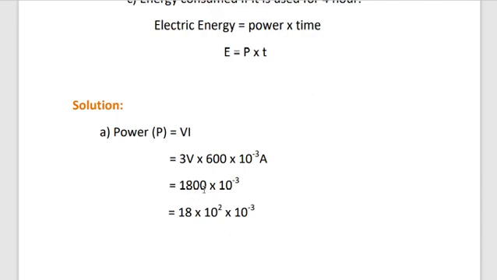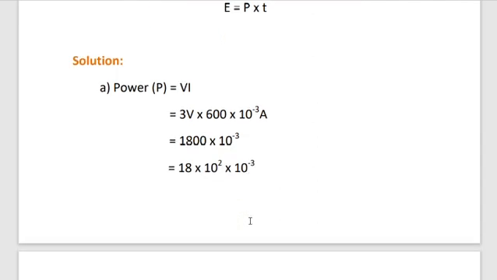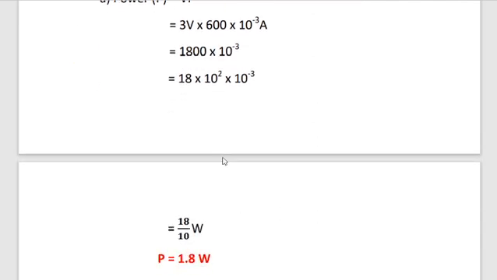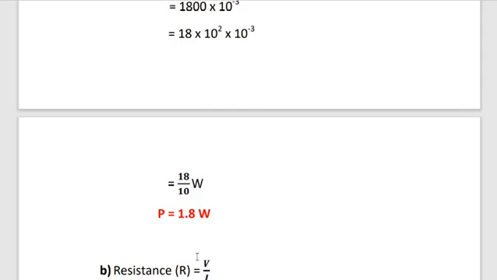So 1800 is written as 18 into 100, that means 10 squared. So 10 squared and 10 power minus 3 combine, giving 18 into 10 power minus 1, and that goes to the denominator, means 18 by 10. So P is equal to 1.8 watt.